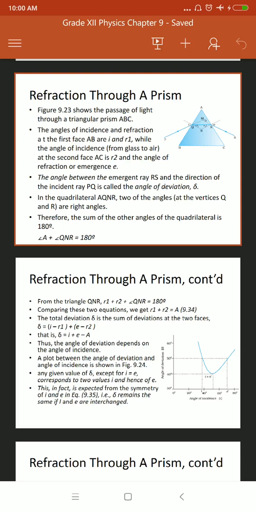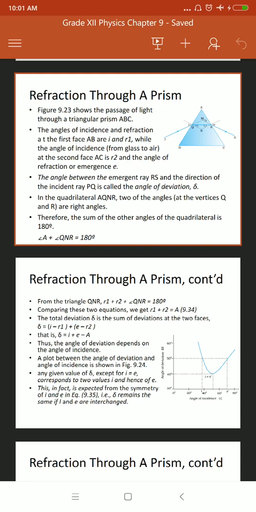Here this deviation is available except at angle I equal to E. If the incident angle I and the emergence angle E are equal, then deviation won't be available, it will be a straight line. So this graphical representation holds except for the value I equal to E.